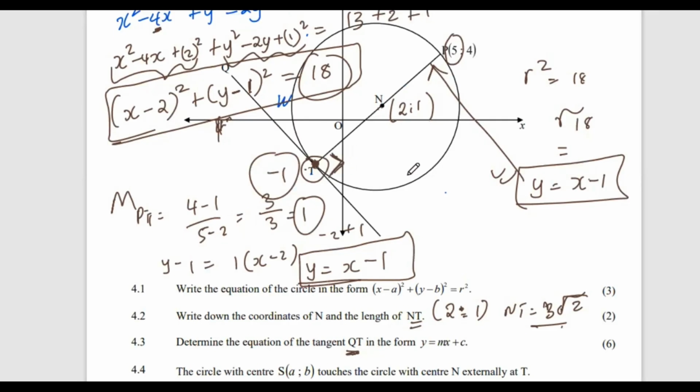So it's like 1 times the gradient of the tangent must give us −1. And when you divide both sides, you get −1.